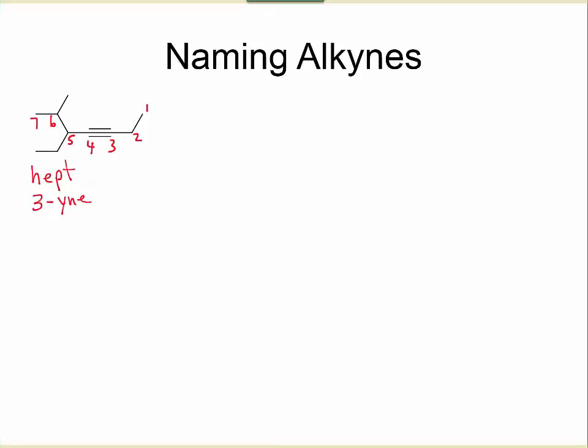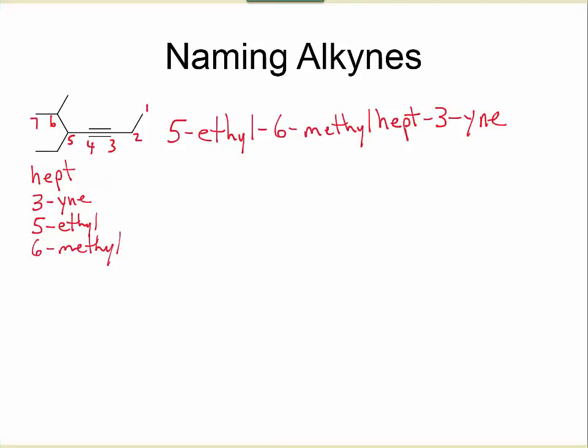Looks like I'm going to have a 5-ethyl as a portion of the name, and a 6-methyl. So when I put that all together, I'll put it in alphabetical order: 5-ethyl, 6-methyl, hept, 3-ine. Notice that there are hyphens between numbers and letters, and there are no spaces in the word.